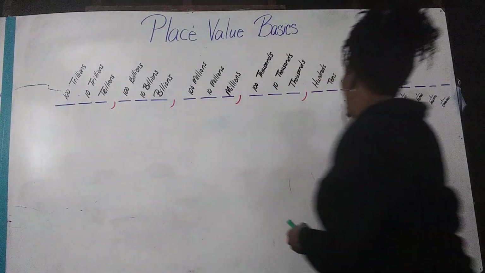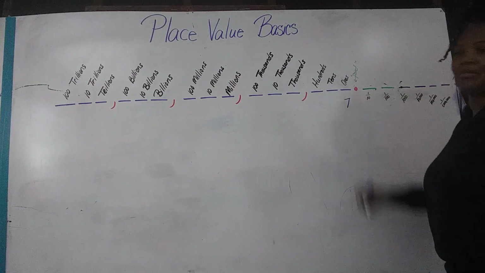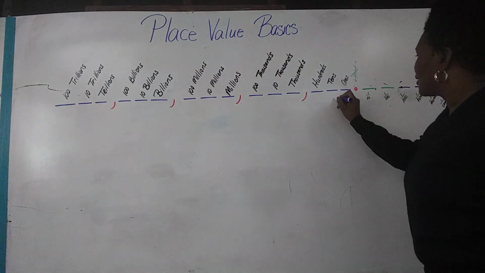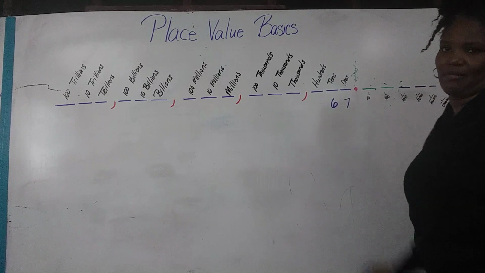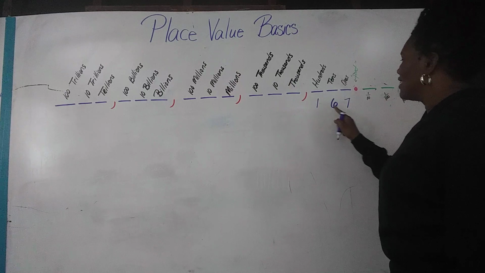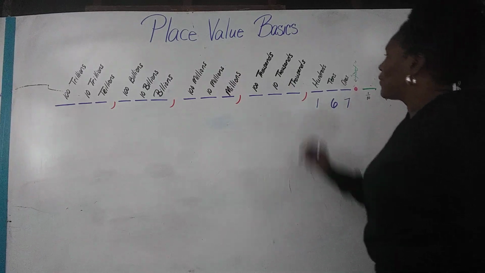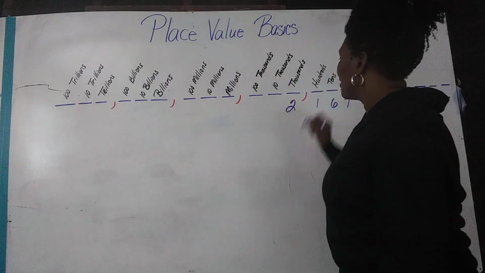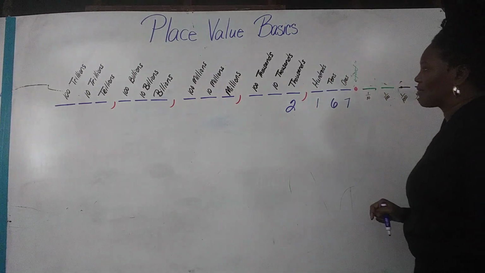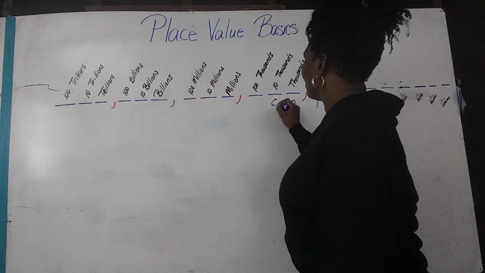If we put a number right here, we just have the number 7. Let's add another number. Put a number right here, now we have 67. We put a number right here, now we have 167. We put a number right here, now we have 2,167. Put a number right here.